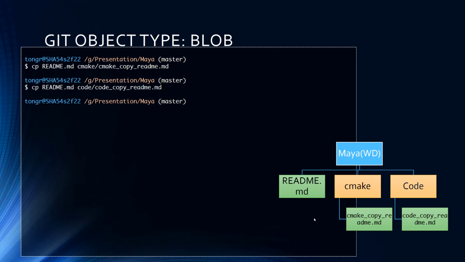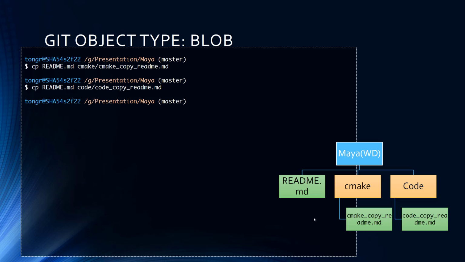Under the CMake folder is the CMake copy readme.md, which we copied from readme.md just now, and the same to the code copy readme.md in the code folder. The three readme files are identical, although their file names are different.